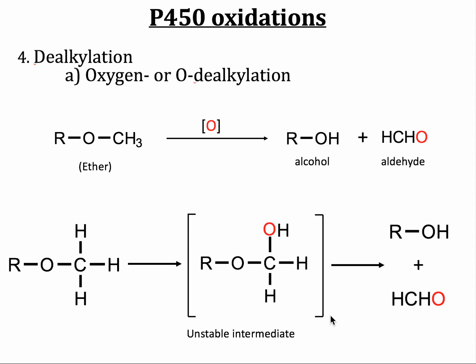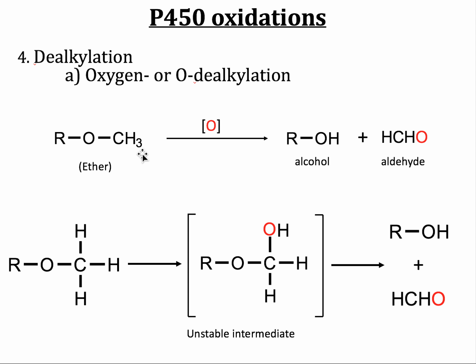Now, dealkylation is very important because you need to know the product, the byproduct, what you start with, and what you end up with. So in P450 oxidations and dealkylation, oxygen.